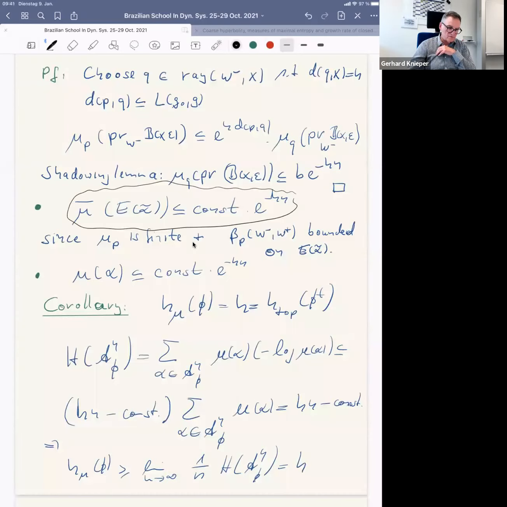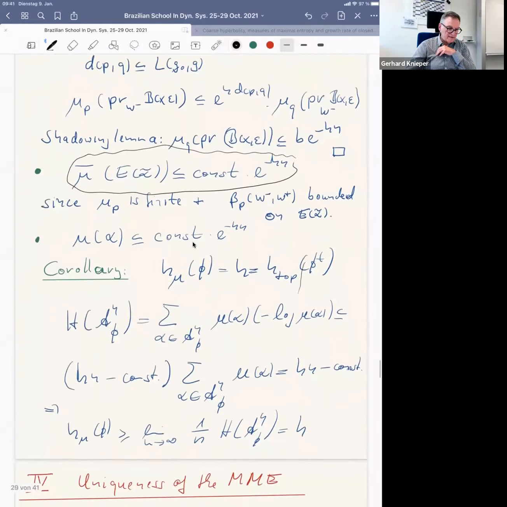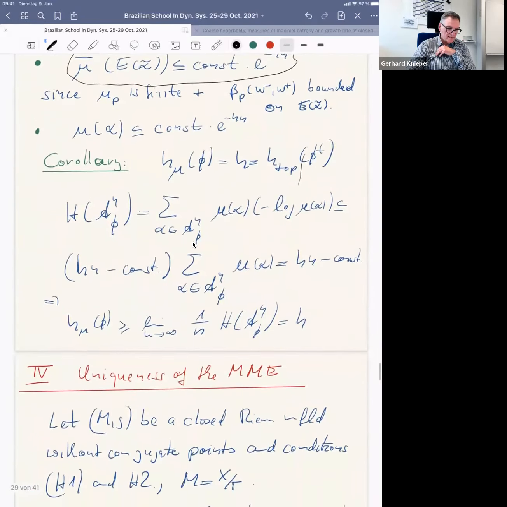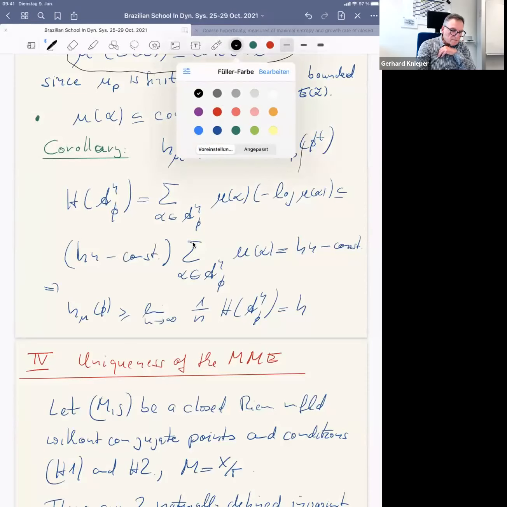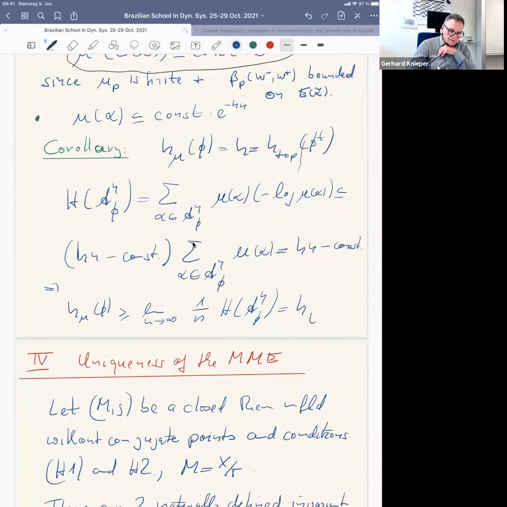One computes the entropy of this partition, and then you plug in this decay of the elements of the partition, and you get that the entropy of this measure is bigger than or equal to the topological entropy. This is my H. And that means this measure has maximal entropy.